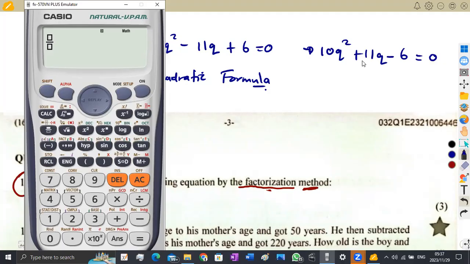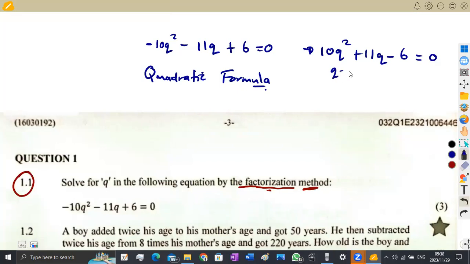So our minus b, which is 11, so that's minus 11 plus or minus the square root of 11 squared minus 4 times a, which is 10, times c, which is negative 6, over 2a, which is 2 times 10. You have used your quadratic formula, you get 2 over 5. This is the value of q.